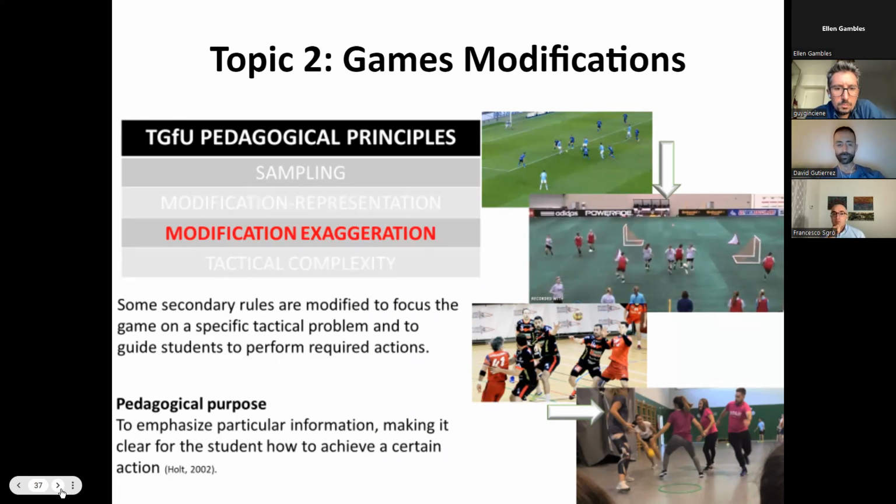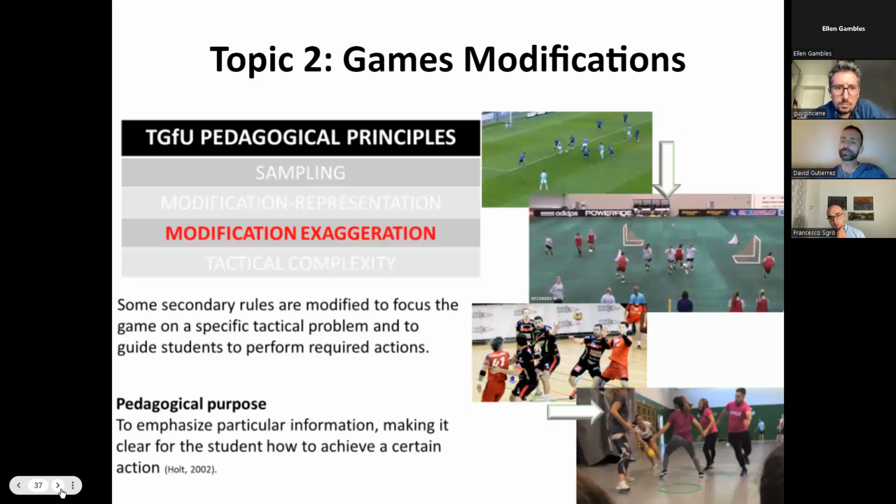So the pedagogical purpose is to emphasize particular information, make it clear for the student how to achieve a certain action, but not only to make it clear, but to increase the chances of this situation arising during the game. Because if you want to practice and learn something, we need to practice several times.